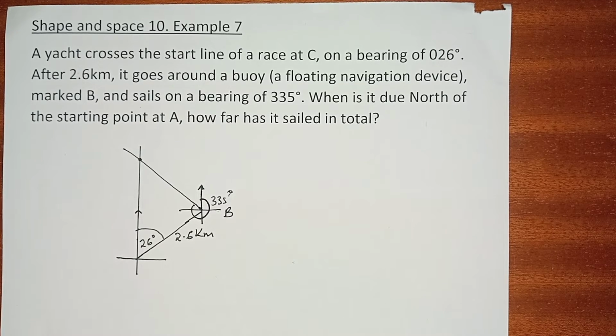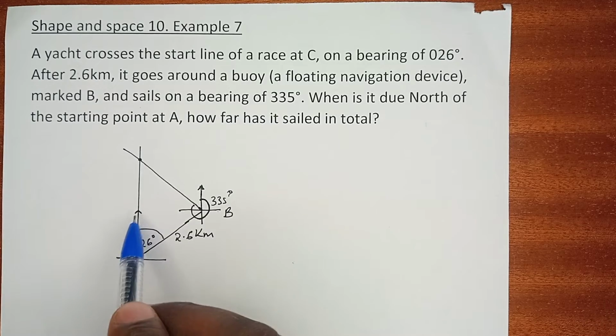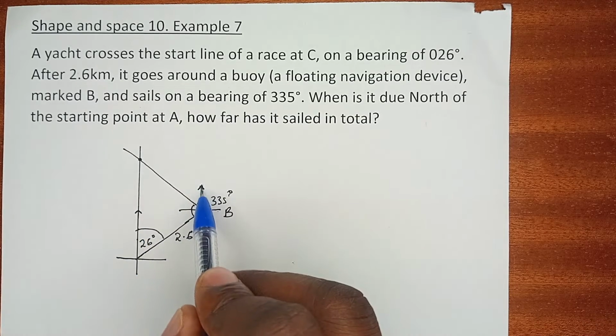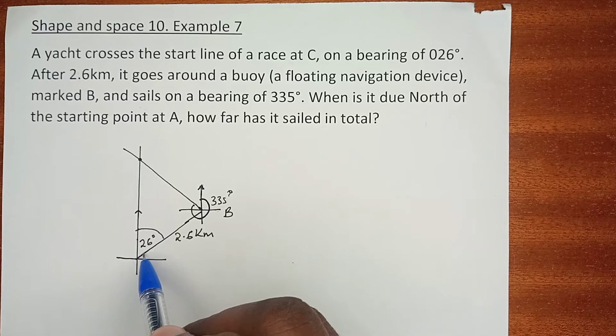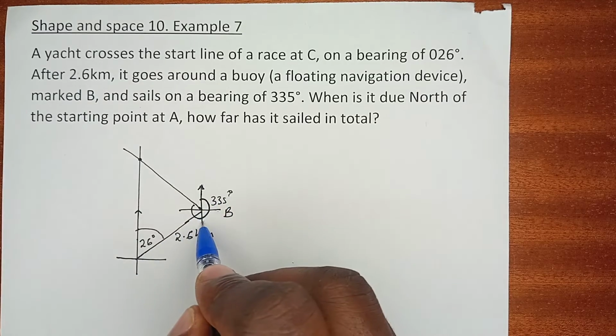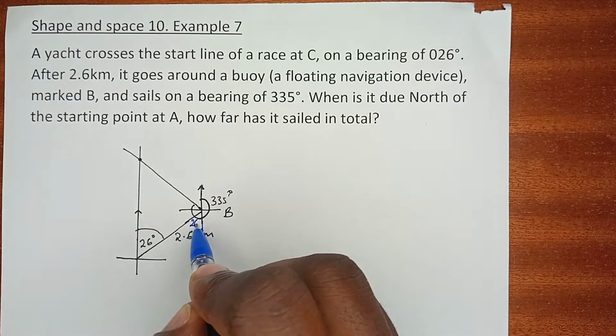That is the question. First of all, we have to understand the details that we have. This true north is parallel to this true north, and this being a transversal, this angle is 26 degrees.